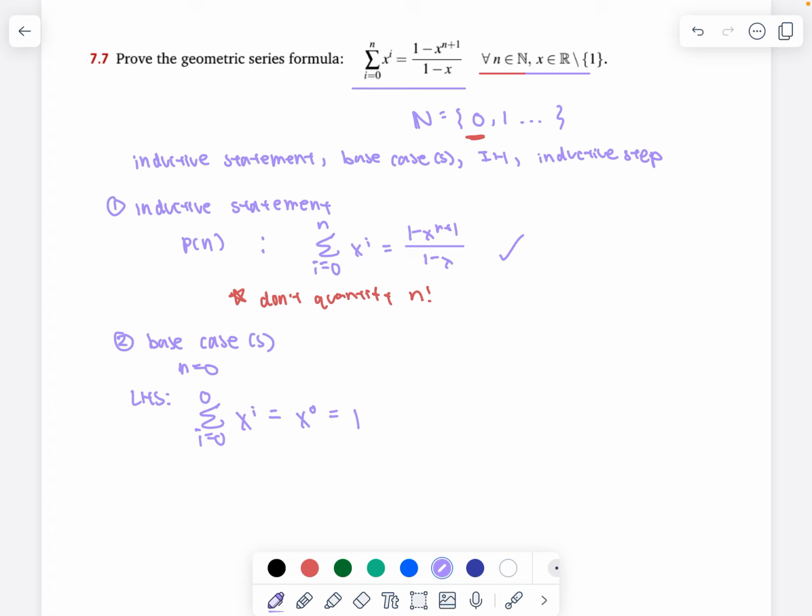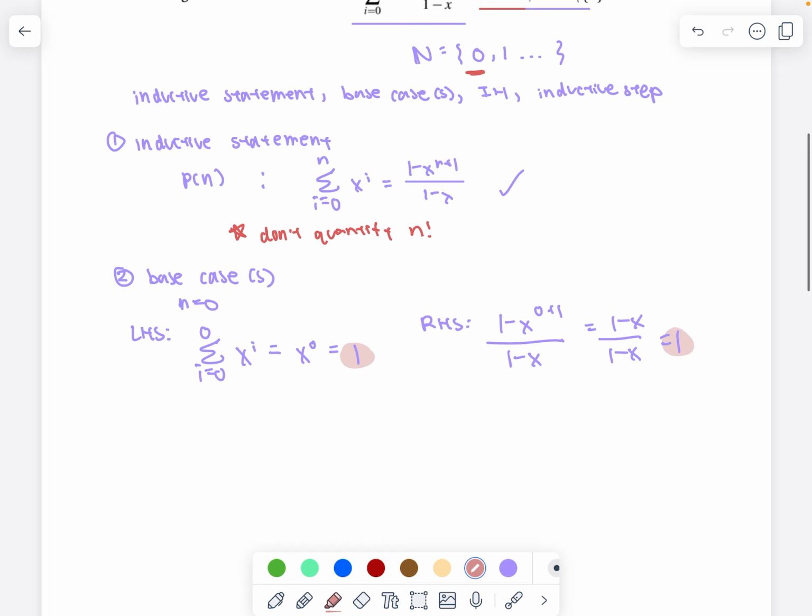And we know, just from algebra, any number to the 0th power should be 1. Our right-hand side is (1 minus x to the 0 plus 1) over (1 minus x). Simplifying, this becomes (1 minus x) over (1 minus x), which becomes 1. So we can see in this case that our left-hand side and right-hand side give us the same value of 1, which means our base case holds.